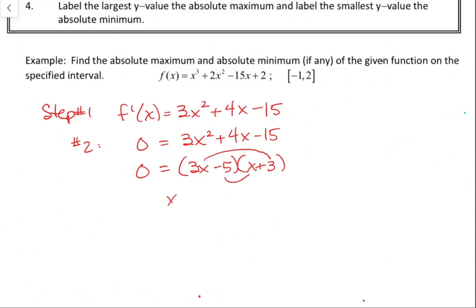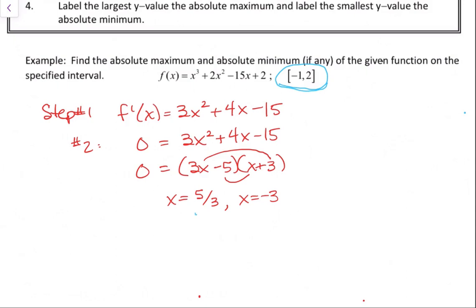So my critical numbers are x equal to 5/3 and x equal to -3. Now the next thing that I want to do is compare that to the interval. Remember, I'm only looking at this curve between -1 and 2. So any of these critical values that I want to get rid of, I want to get rid of them now so that I don't consider them.